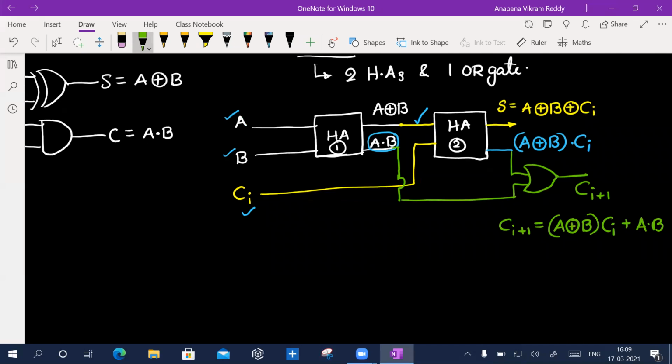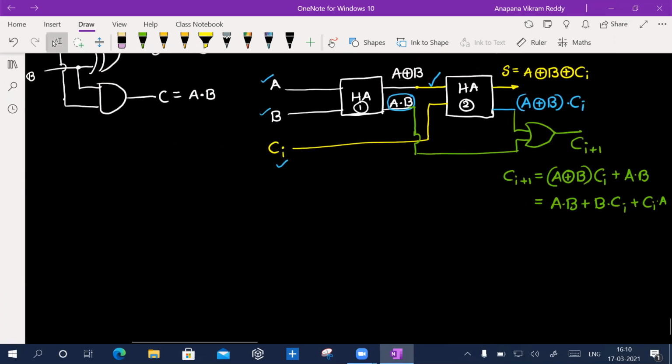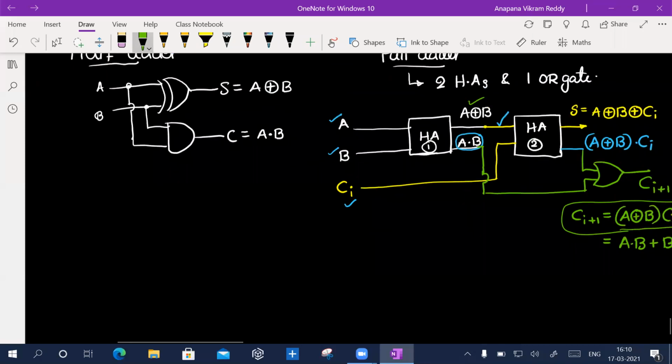And this is nothing but A and B or B and C or C and A. So both are the same. We have chosen this form because we already have these outputs ready, so we can make use of those outputs effectively. So we exercised this approach.